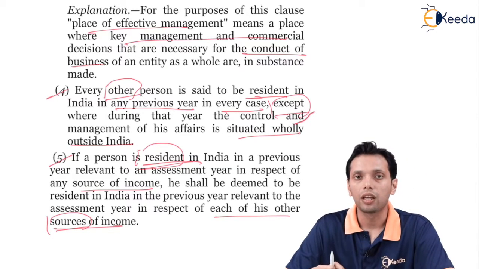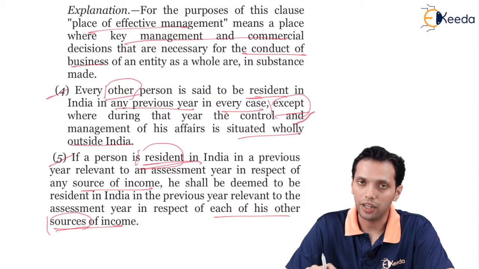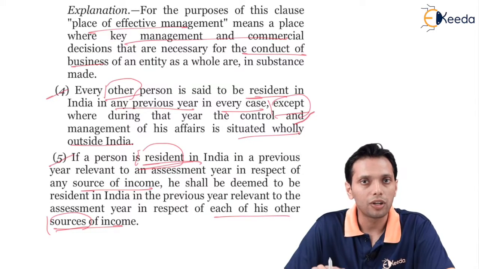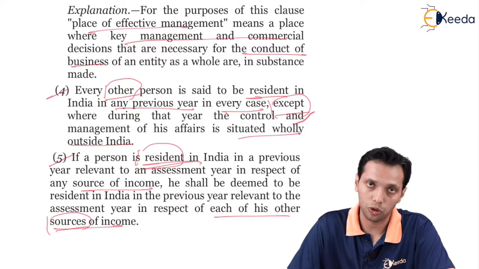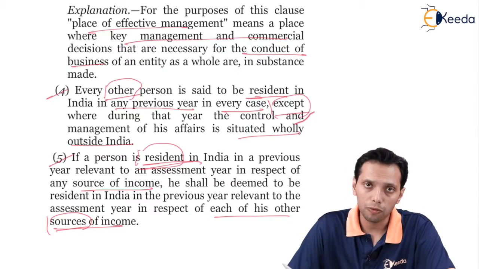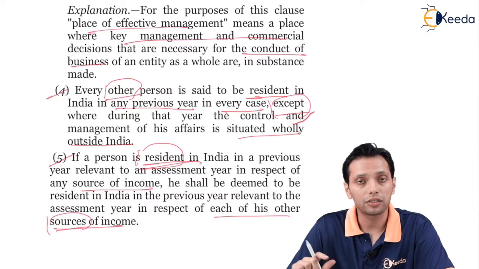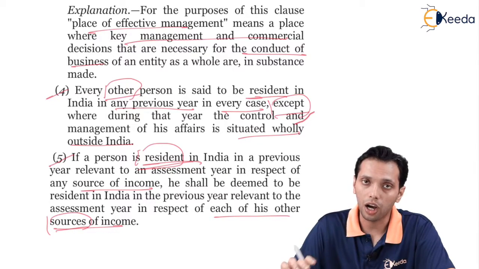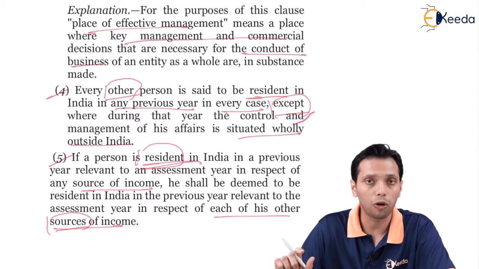Meaning, a person who is resident for one source of income will be deemed to be resident for other sources of income as well. For example, income from salary, income from house property, income from business and profession: if the residential status is RoR, it will be deemed to be RoR for all the heads of income.